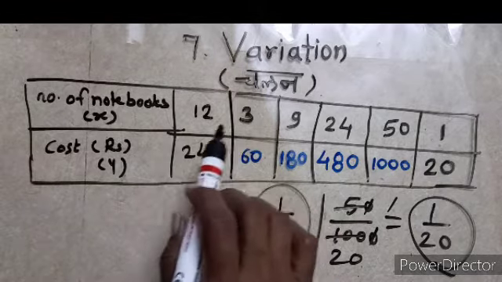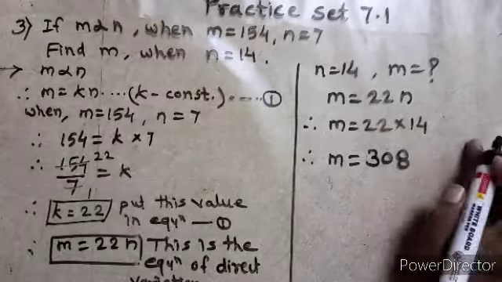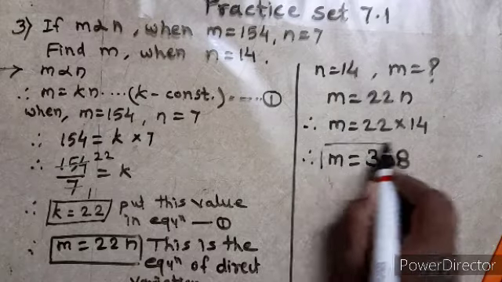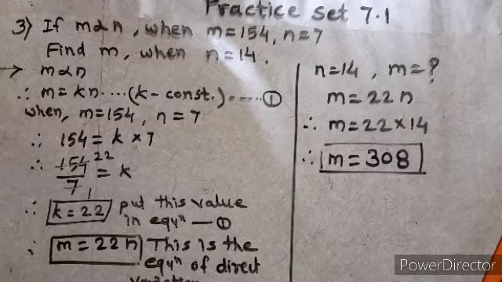M is equal to, pause the video, solve and then check your answer. It is 308. 14 2s are 28. Borrow 2. 14 2s are 28 plus 2, 30. So m is equal to 308. Write down in your notebook.